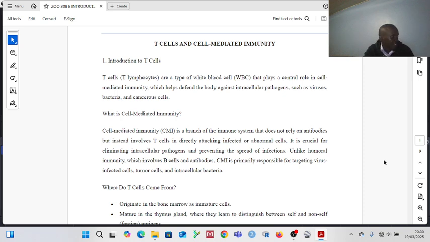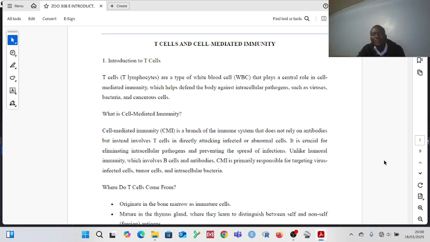So with cell-mediated immunity, you have T cells which are mobilized to attack cells that are infected or cells that are abnormal. With infection, we talk about pathogens. But with abnormal cells, there is a possibility of cancer, the cells being cancerous.